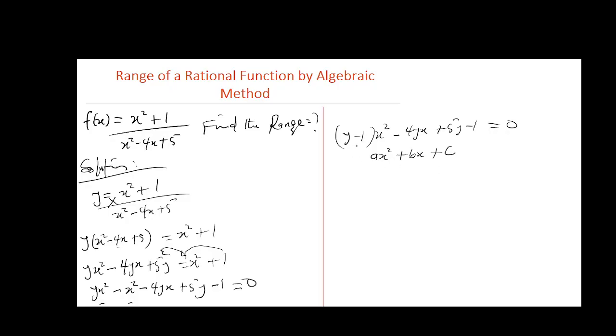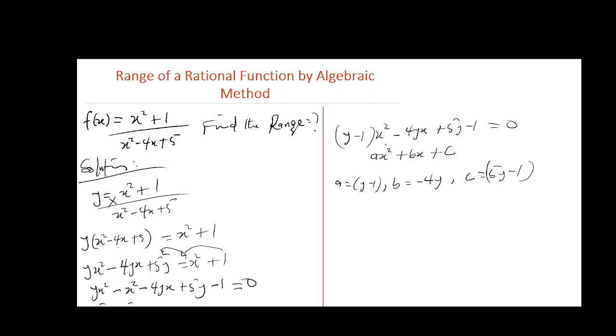We can see that our a, which is the coefficient of x squared, is y minus 1, our b, which is the coefficient of x, is minus 4y, and our c, which is the constant, is 5y minus 1.